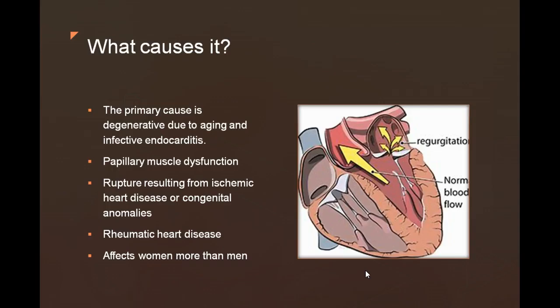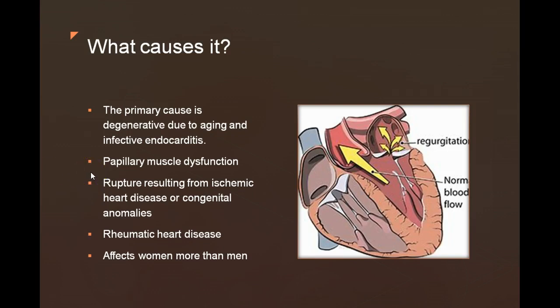Some of the causes for mitral regurgitation: the primary cause is degenerative due to aging, and infective endocarditis. Infective endocarditis is an infection of the inner surface of the heart from bacteria that enters the bloodstream, and then that bacteria settles in the heart lining, and it usually primarily affects the valves of the heart.